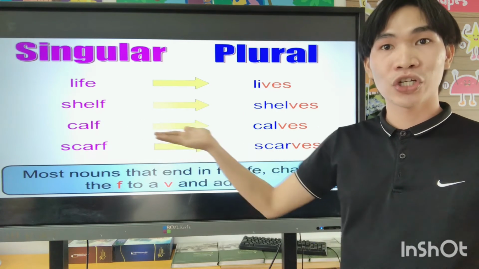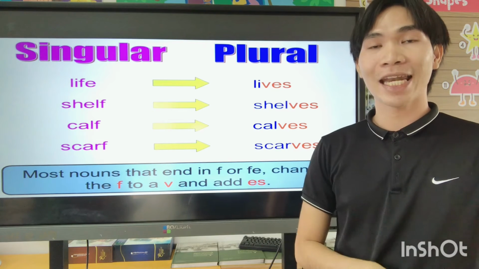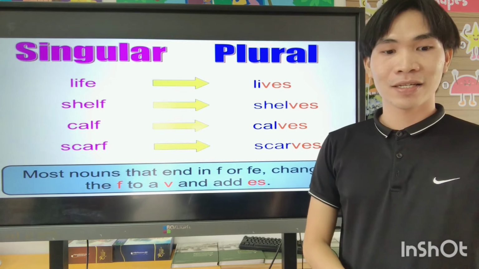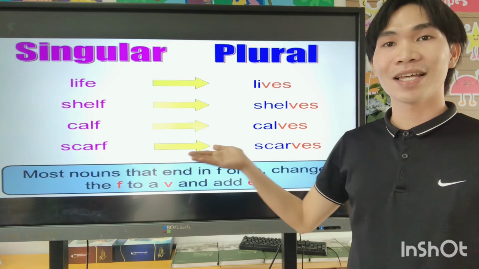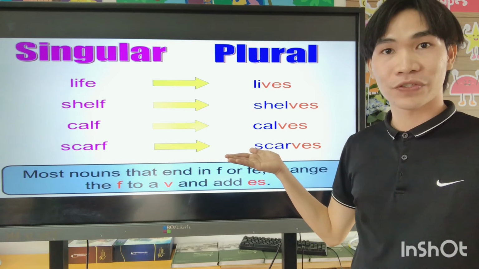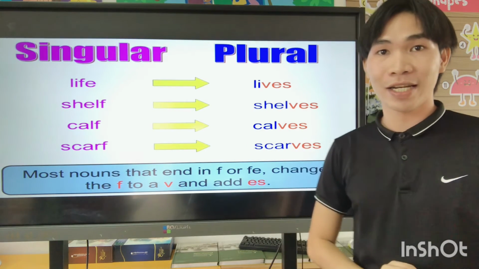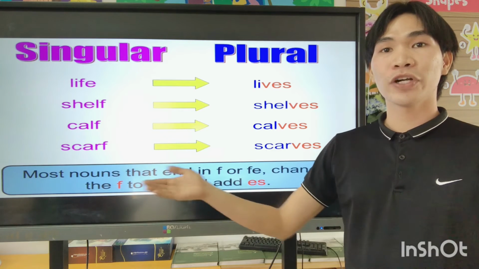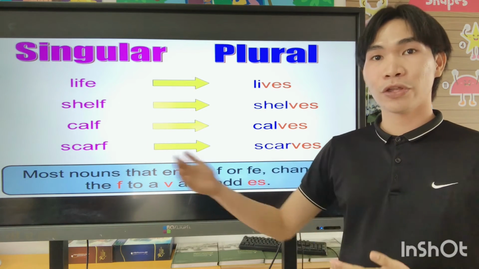Singular, shelf; plural, shelves. We change F to V and add ES. Calf, plural, calves. The same, we change F to V and add ES. For the 4th example, we have scarf. There is still an F.